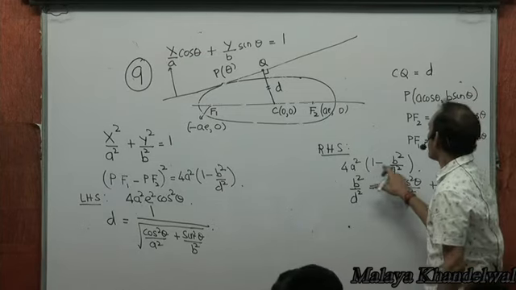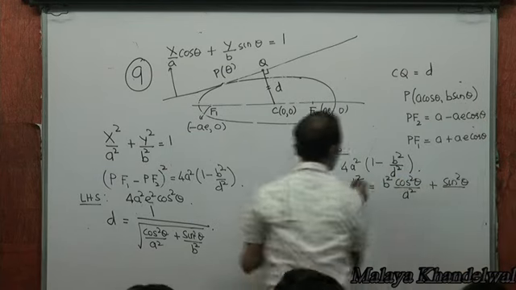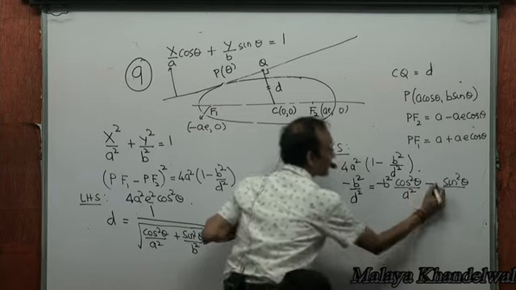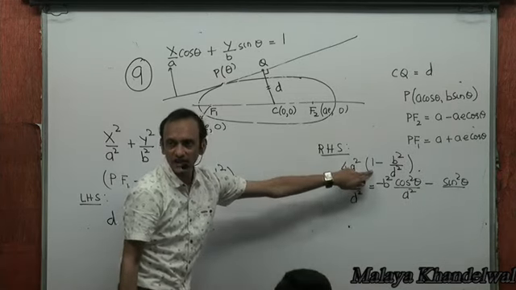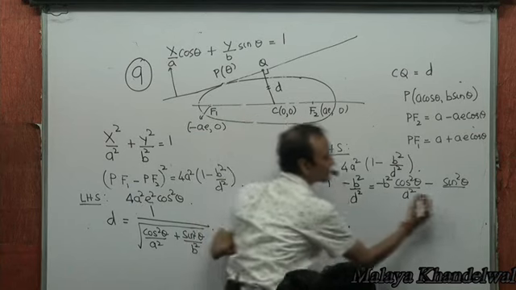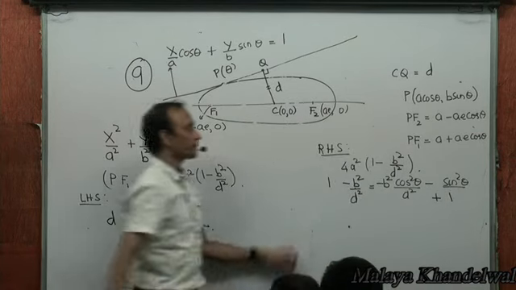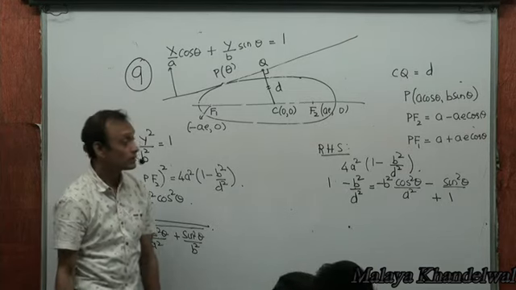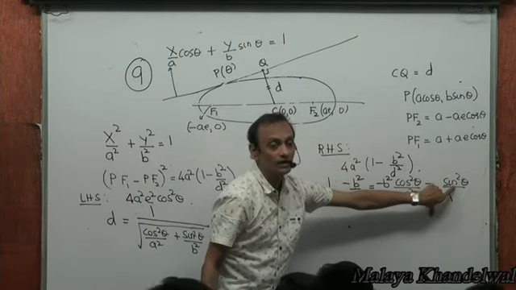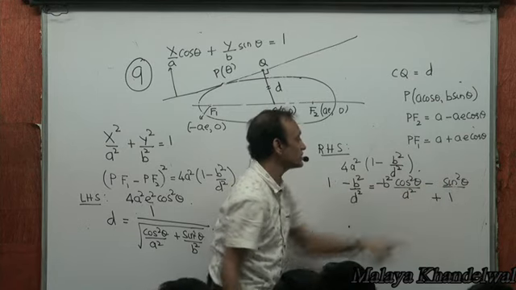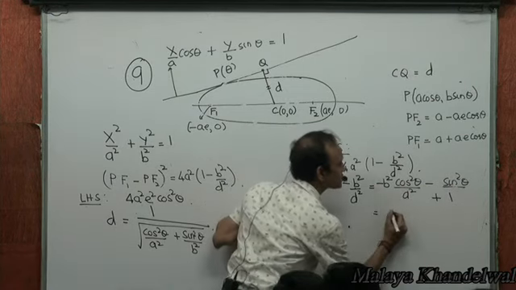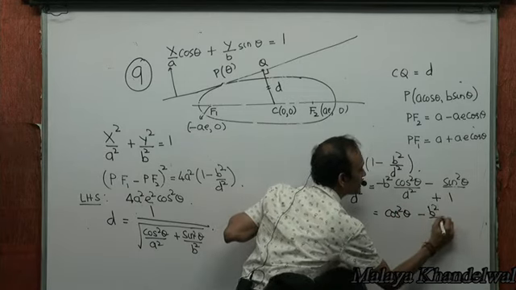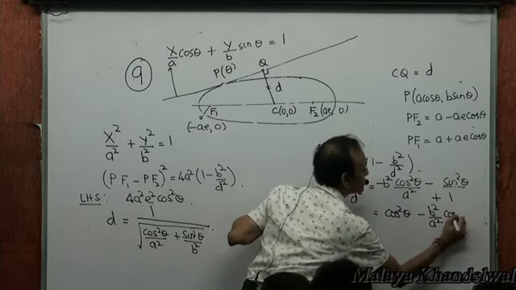Then 1 minus this. So what I do is, first of all, I multiply with a minus sign, and then I add 1 to both sides. Multiplied with a minus sign and added 1 to both sides. And 1 minus sine square theta is going to be cos square theta. So this is like cos square theta minus b squared by a squared cos square theta.